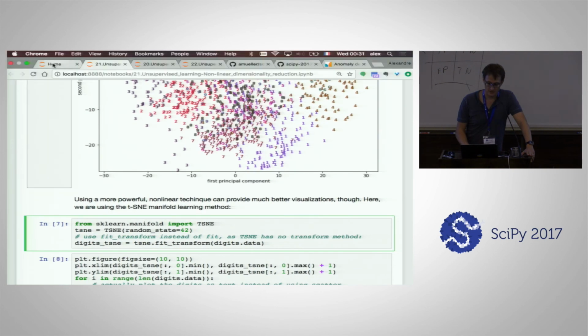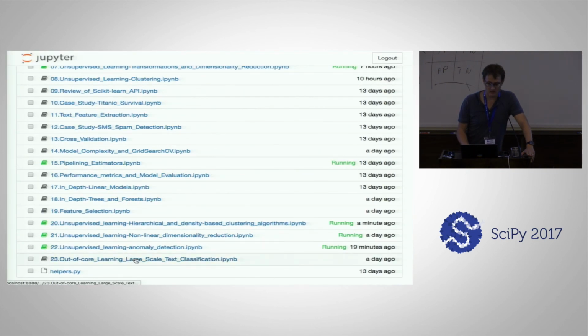Going back here, the other thing we did not mention at all is how you use Scikit-learn to do out-of-core learning. If you have a lot of data that doesn't fit in memory, can you still use Scikit-learn? The answer is yes. There's a bunch of methods that allow you to learn a model by using mini batches of data or a stream of data, where you see data as it comes, or you read it progressively. You read some data, you update the model parameters, you trash the data, you take some new data, and you learn, what we call online. This idea of online learning is the right way of scaling your learning to very large data sets.